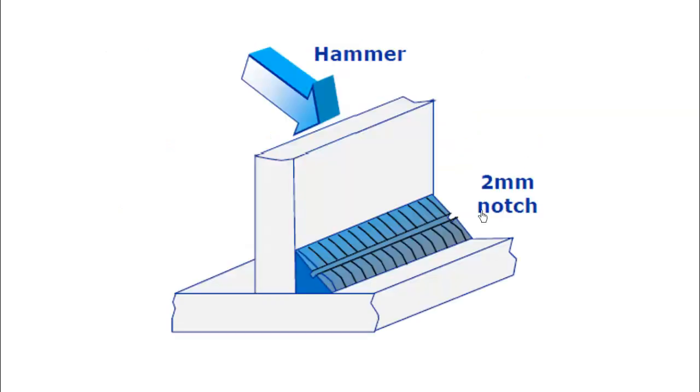So this is how we do that. On the weld, you cut a notch, approximately 2 mm, and then you break this piece using a hammer or press, and you see this region. You check this root region for whether there is penetration or fusion or not.